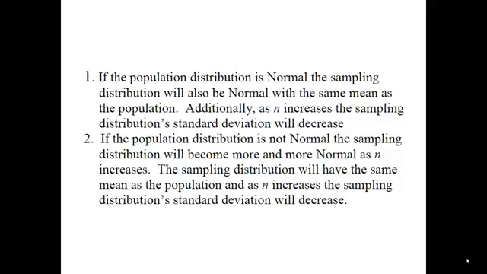If the population distribution is not normal, the sampling distribution will become more and more normal as n increases. The sampling distribution will have the same mean as the population, and as n increases, the sampling distribution's standard deviation will decrease.